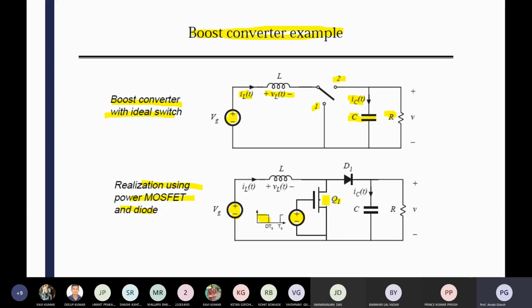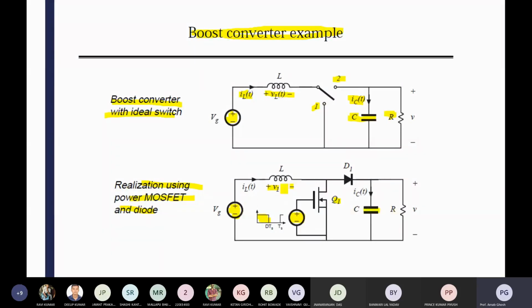Here we need to know the inductor voltage pattern. Initially when the switch is closed, that path will be short circuited. So the MOSFET is on, a short circuited path, so no current flows from the source side through it, and only one current flows, the discharging current from the capacitor through the load.